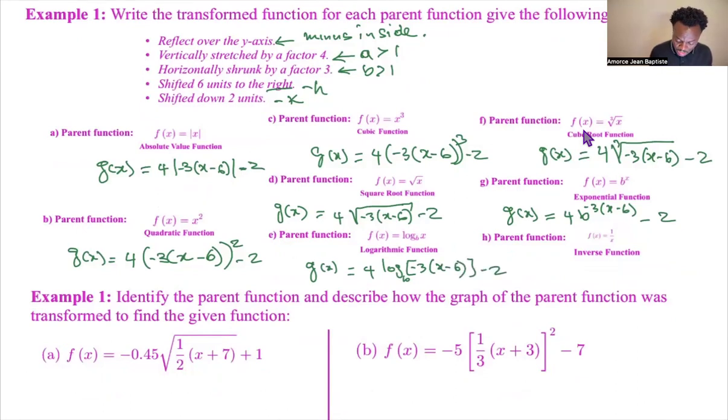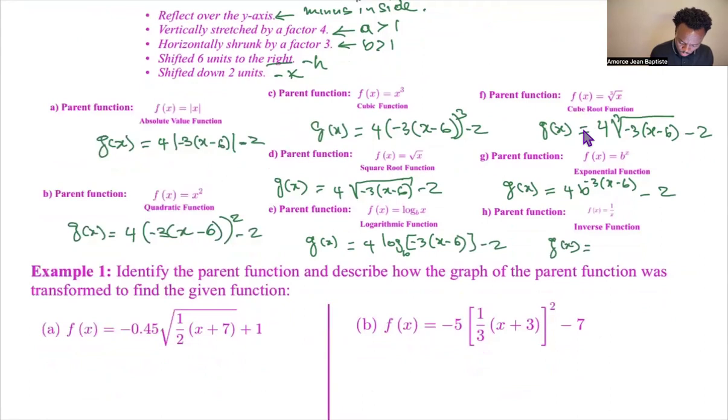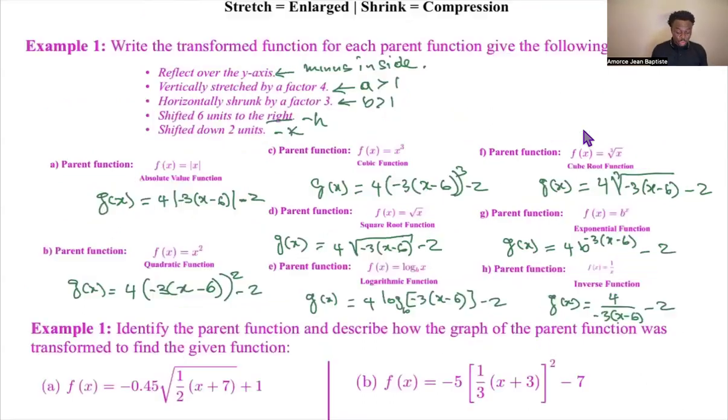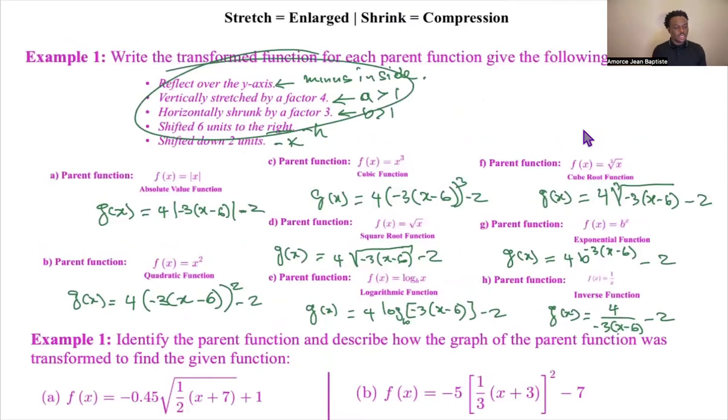And then finally, the inverse, that's g of x equals, well, you could say 4 times 1 over, but it's just going to be automatically 4 over negative 3x minus 6 minus 2. So these are the same transformations that we use here.